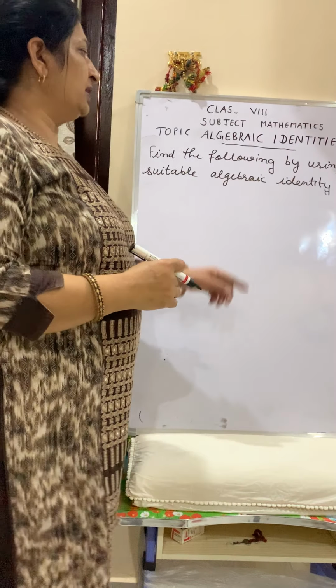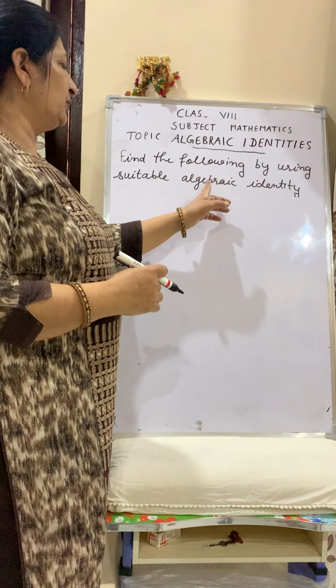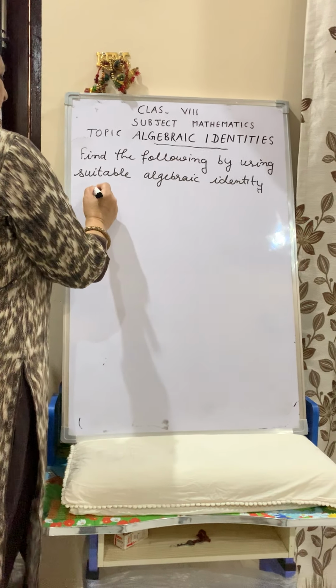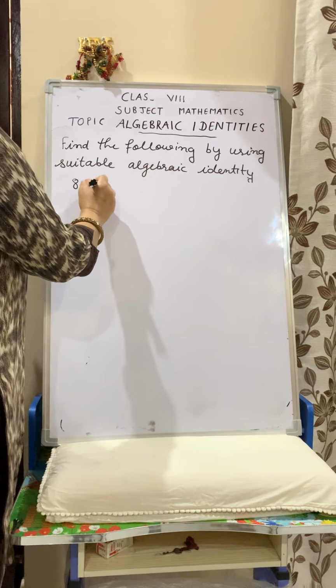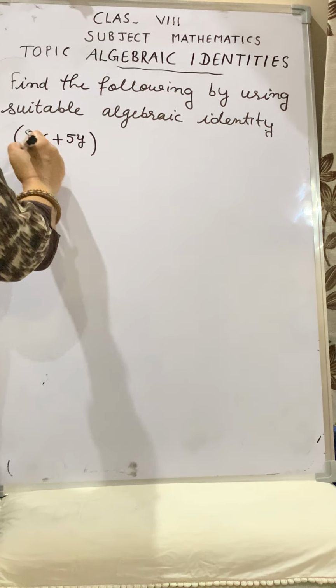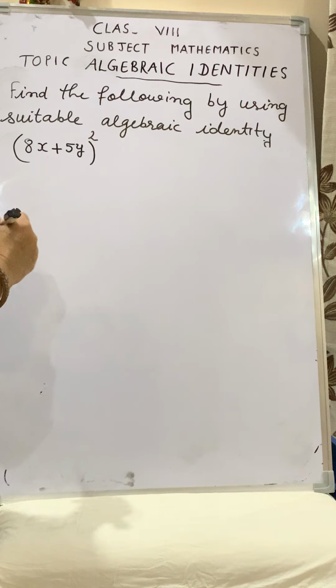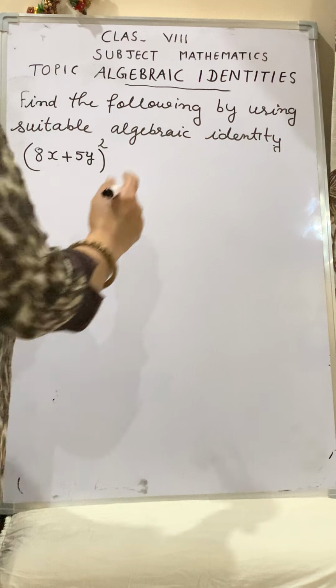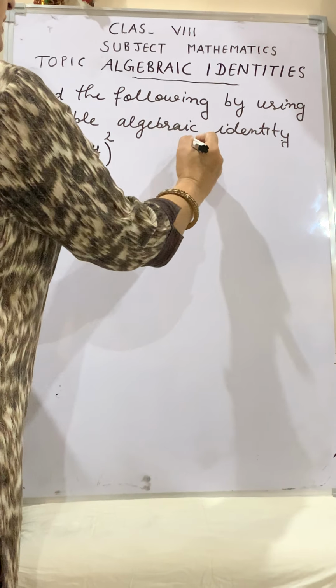We will do some examples related to algebraic identities. Suppose you have to find out the whole square of 8x plus 5y. Then we will use the first algebraic identity.